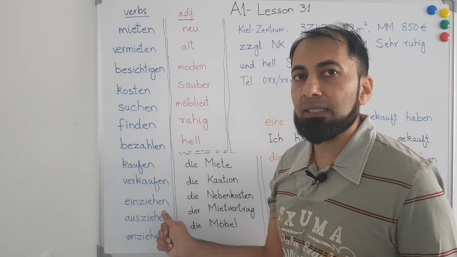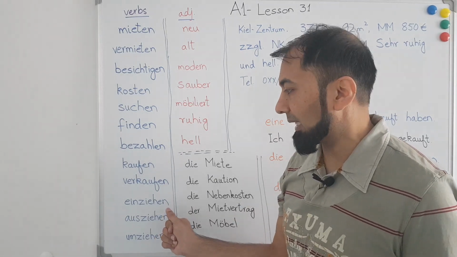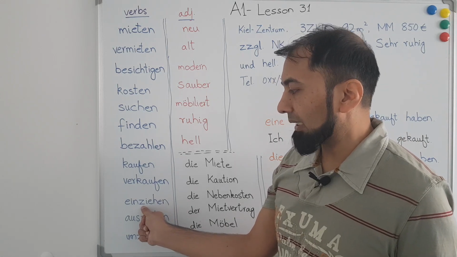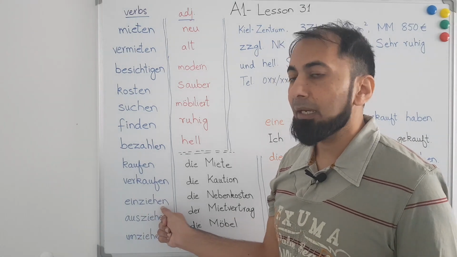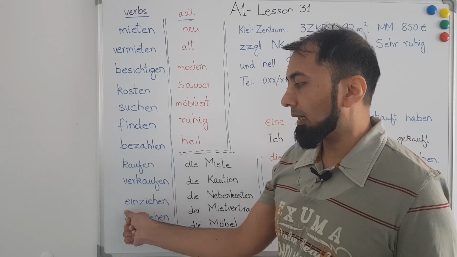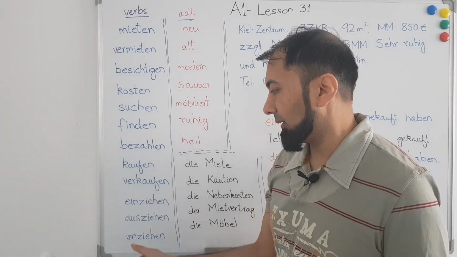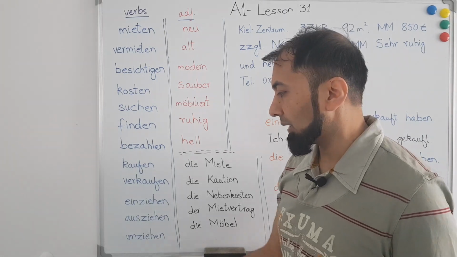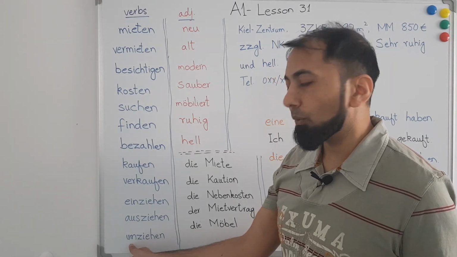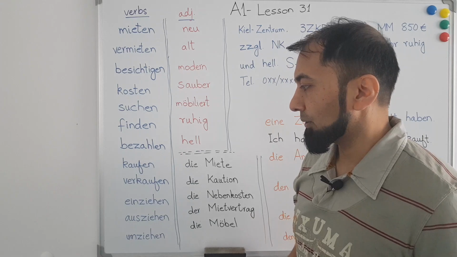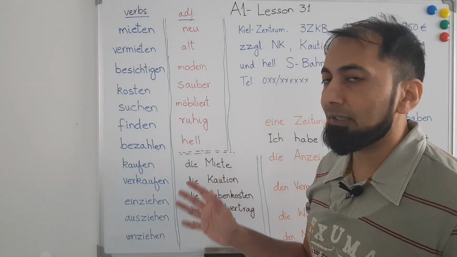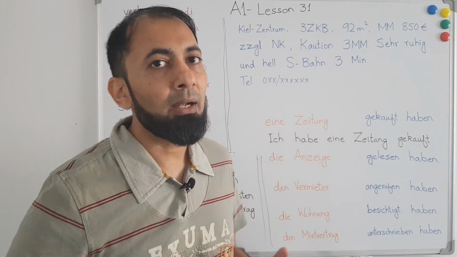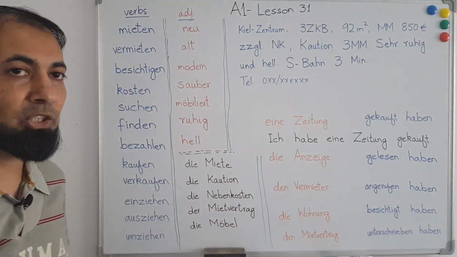And since we are considering ich as a subject in this lesson, we have to conjugate ziehen in this sentence. So ich ziehe ein, I move in. Ich ziehe aus, I move out. Ich ziehe um, I relocate. So these are the words that you may come across when you are searching for an apartment.